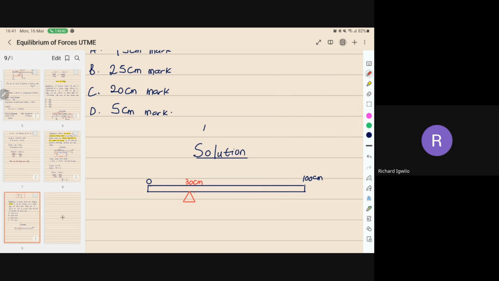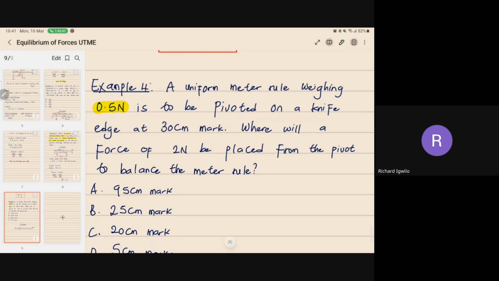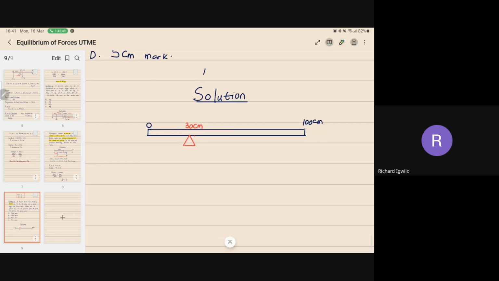All right. So now, they said where the force is, then we'll have the center. The object has 50 Newton, so it should act at the center of the meter rule. So here is the center, and at that center we should have the weight, 50 Newton.